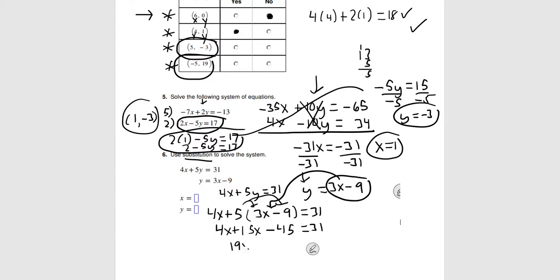Then we're going to have 19x minus 45 equals 31, and then we add 45. So 19x equals 76. Then we divide by 19, and 76 divided by 19 is 4.